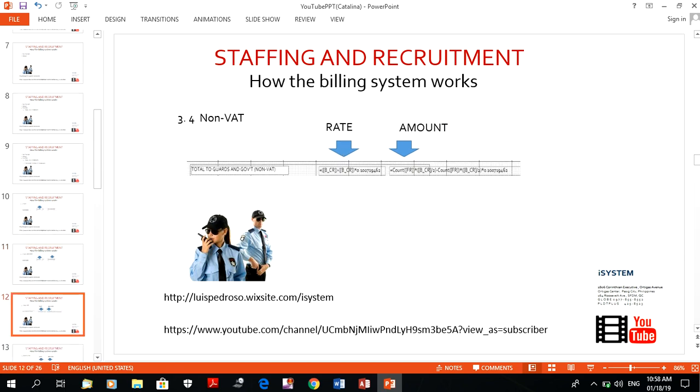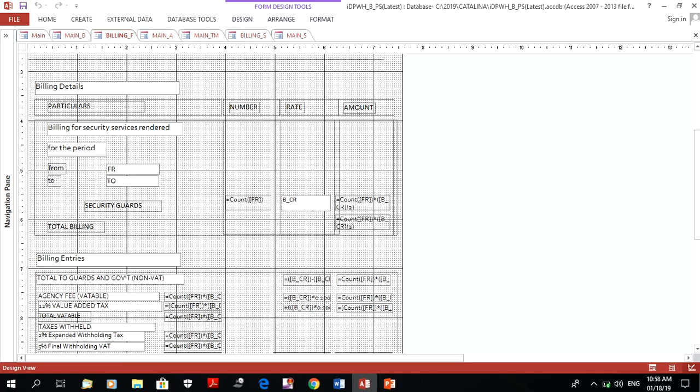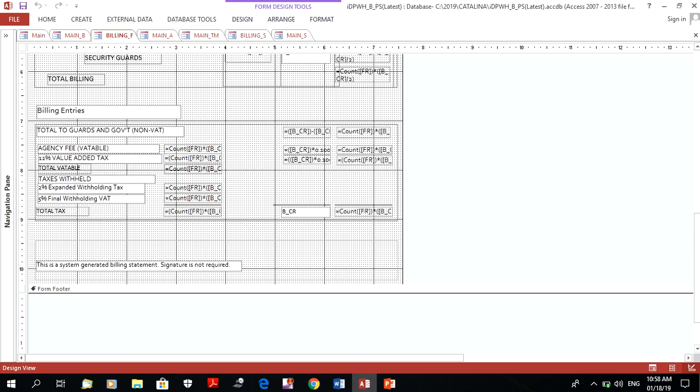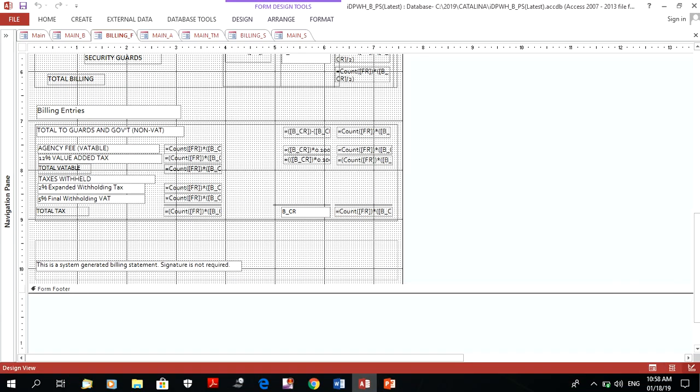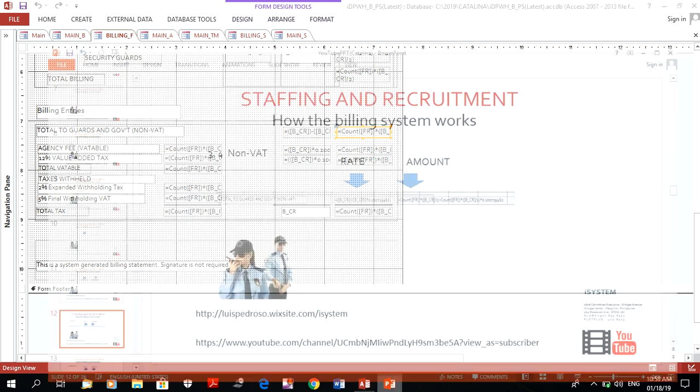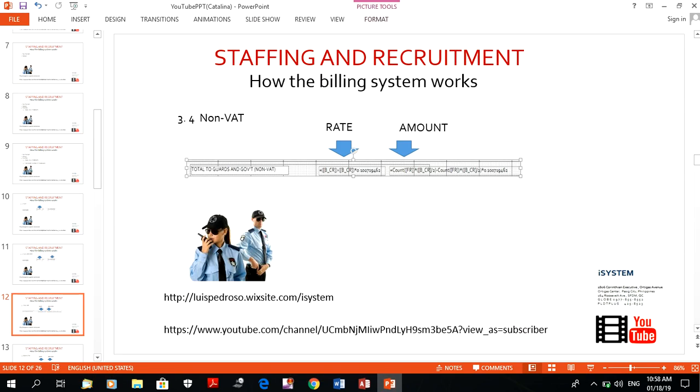Next is the non-VAT formula. If you want to refer to this screen, the non-VAT should be found here. That is your formula. You go back to there. This is where you look for it, but the complete definition is here. If you notice, the formula makes use of multiplication, multiplying by a 10% rate.